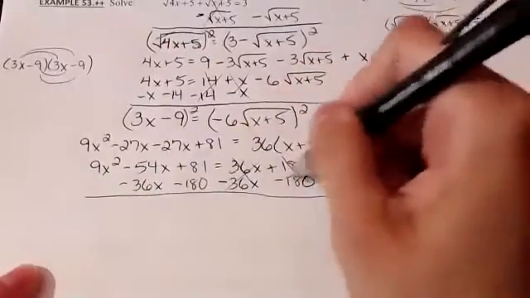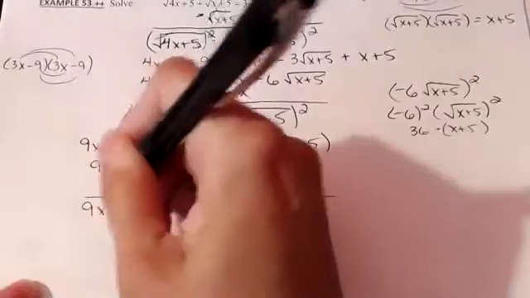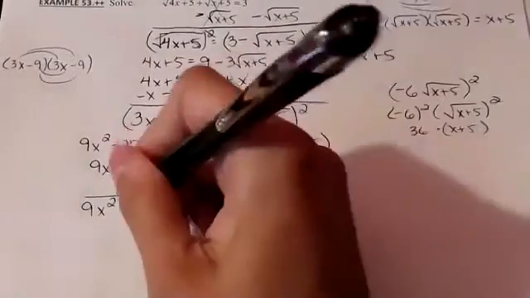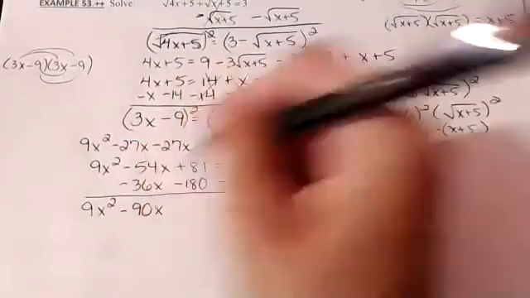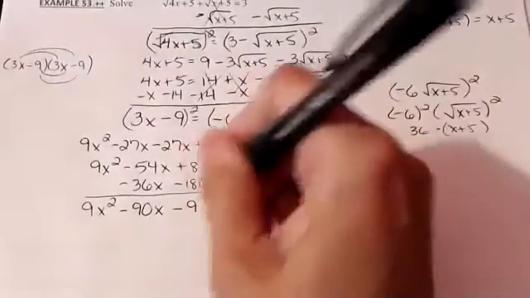Get rid of this guy, get rid of this guy, is equal to 0. So we have 9x squared. Let's punch this in. Negative 54 minus 36. That's a negative 90x. And then we have 81 minus 180. That's a negative 99.